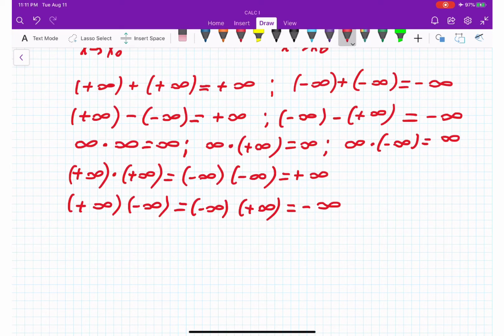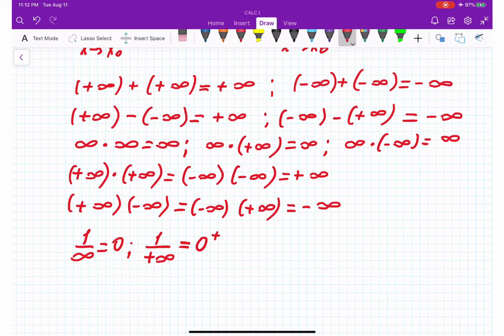Next, from the previous videos, we already know that 1 over infinity is going to give you 0. 1 over positive infinity is going to equal 0, but that's approaching from the positive side.